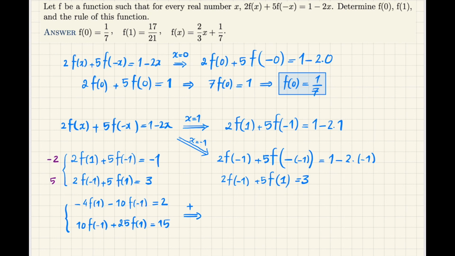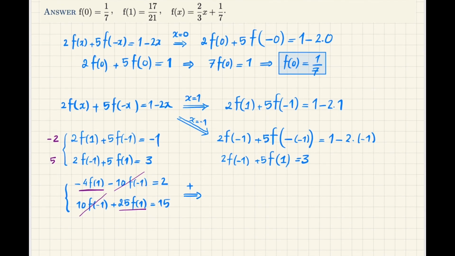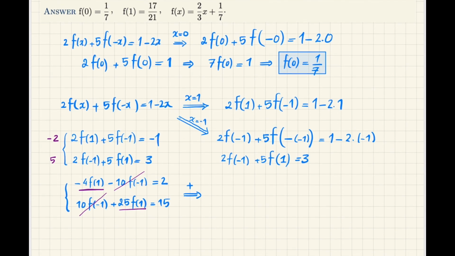If I add the left hand side to the left hand side here, what I will get is that, you see, minus 10 f of minus 1 and the positive 10 f of minus 1 are cancelled. But this one is minus 4 f of 1, then I have 25 more of it here. So if I add them, it becomes how much? It becomes 21 f of 1.